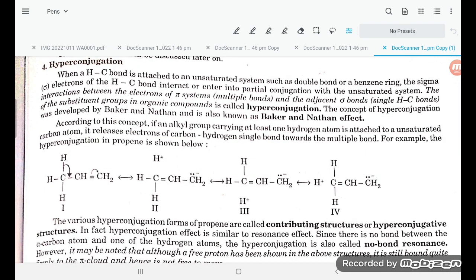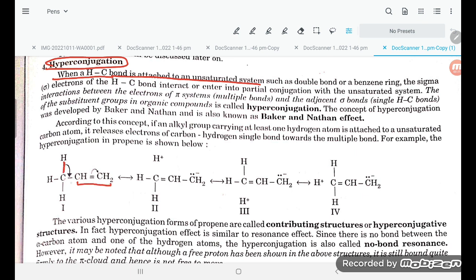See the hyperconjugation, student. We are going to understand hyperconjugation, right? When a C-H bond is attached to an unsaturated system, so this is the unsaturated system, and here the C-H bond is attached.